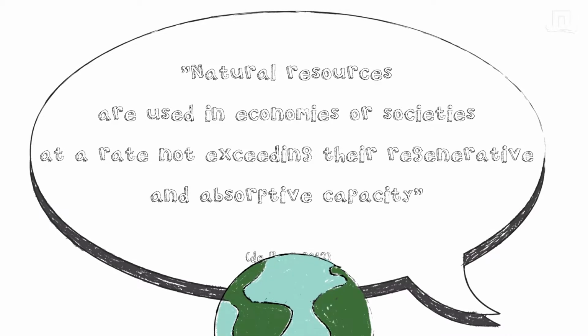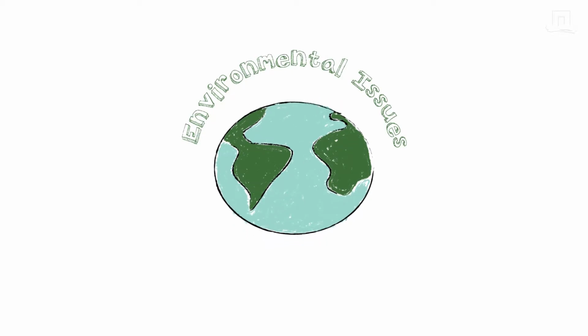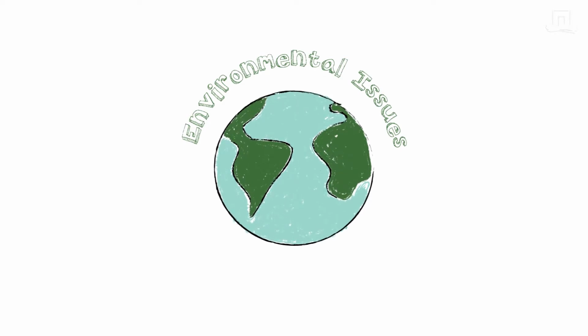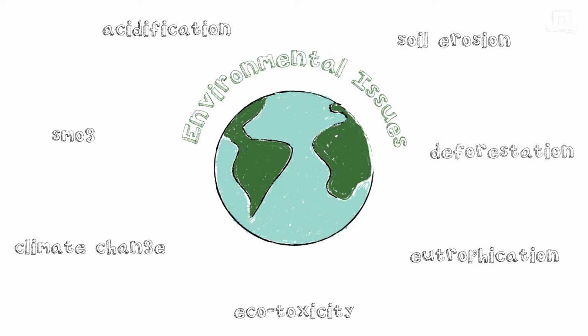To conclude, you might wonder what happens when the regenerative capacity or absorptive capacity of a system is exceeded. Well, exceeding these puts pressure on the environment and can lead to severe environmental problems or issues such as acidification, eutrophication, climate change, smog, ecotoxicity, soil erosion, and deforestation.